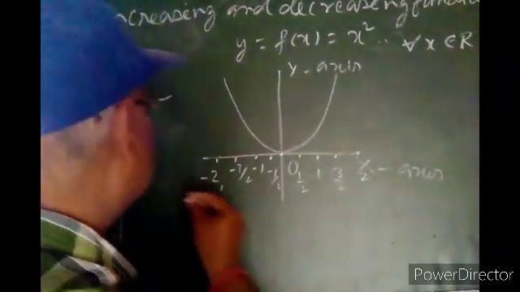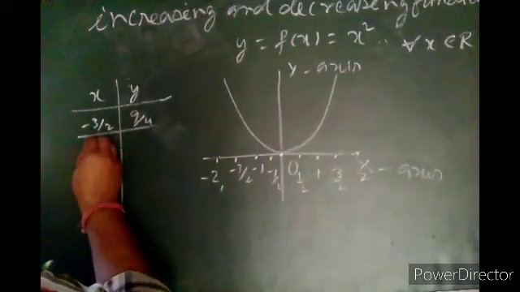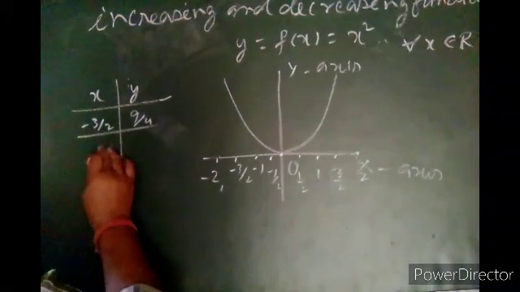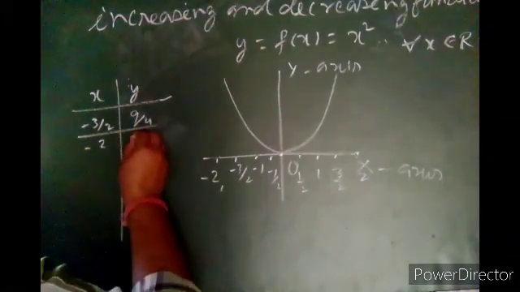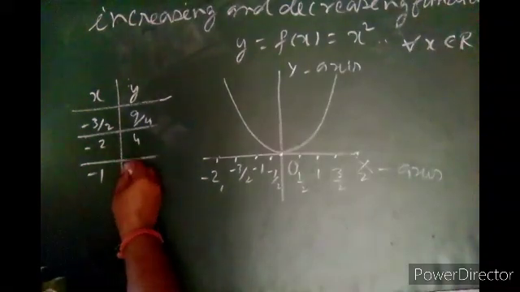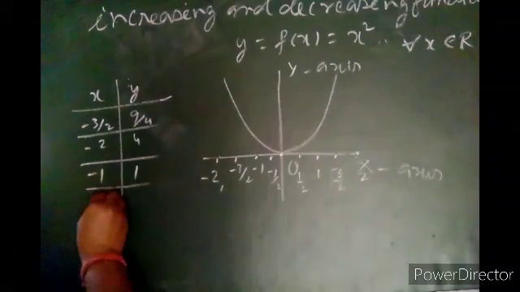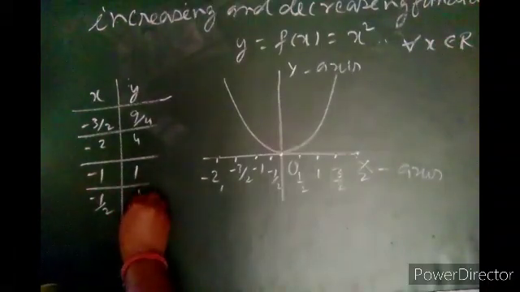If we put minus 2, y will be 4. If we put minus 1, y will be 1. If we put minus 1 upon 2, y will be 1 upon 4.